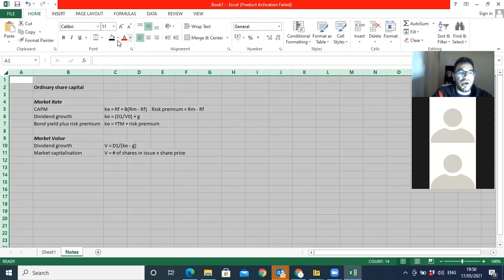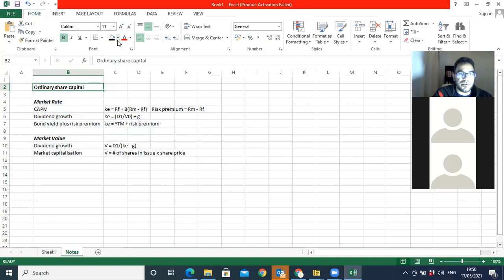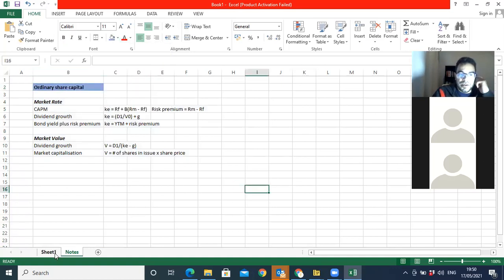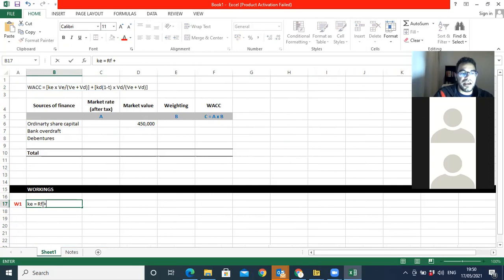So now we can go and actually calculate. The market value was given. We now need to calculate the market rate. So given the information, the market rate will be determined by using the CAPM method, which is cost of equity equals risk-free rate plus beta multiplied by RM minus RF.